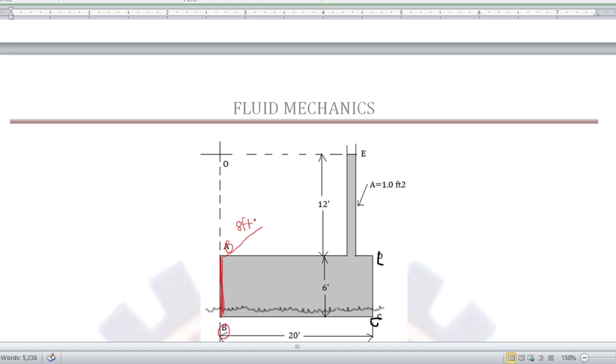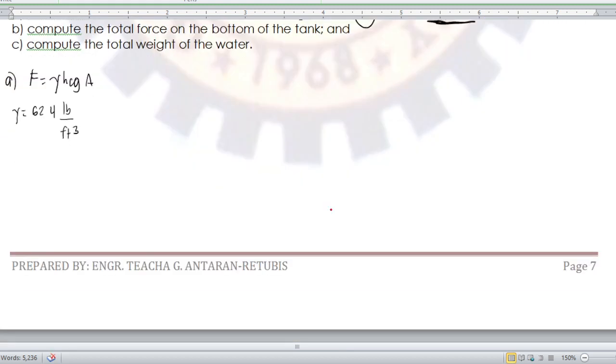Okay, so obviously this is how it looks like: 8 feet, and the height is 6 feet. By the way, class, the apostrophe here is a symbol for feet. Okay, so 6 feet by 8 feet. So obviously, to solve for its area, we multiply the 6 feet and the 8 feet. So from here, area is 6 feet by 8 feet. There. So this is 48 square foot.